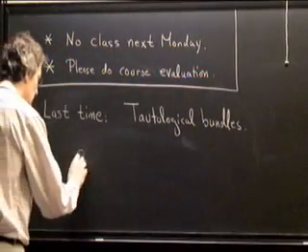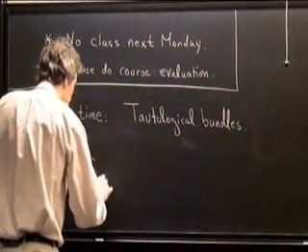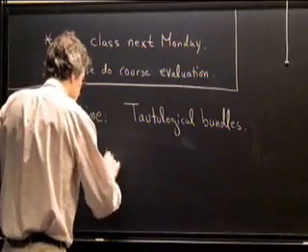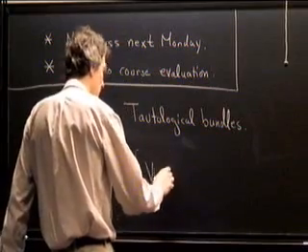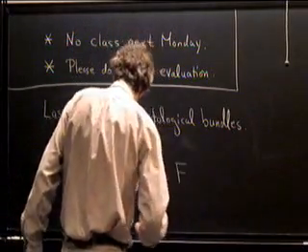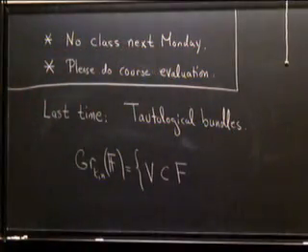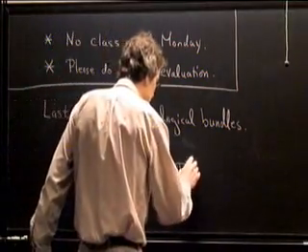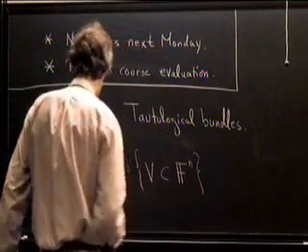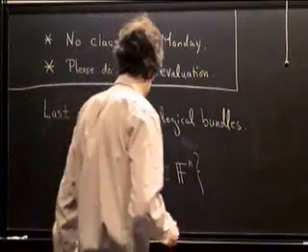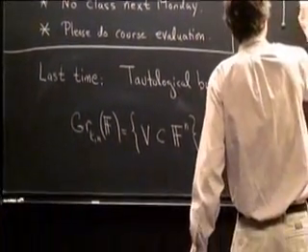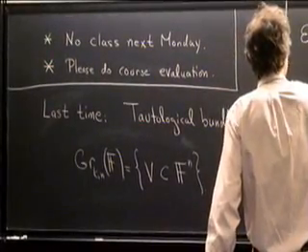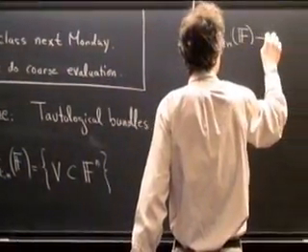So if Gr(k, n, F) is the Grassmannian of all planes, linear subspaces of dimension k inside F to the n, that's a Grassmannian. And then we can define a canonical vector bundle over this Grassmannian.